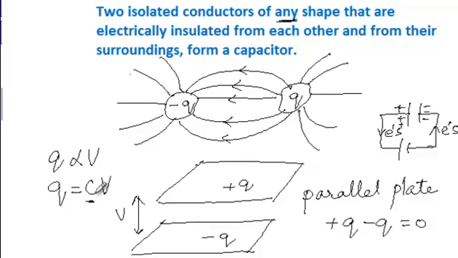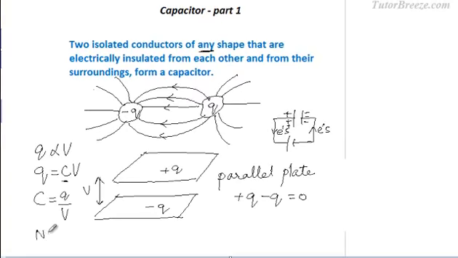But a very important point is that C, which is equal to Q by V, does not depend on Q and V. C depends on the geometry of the plates, the area of the plates, the distance between the plates, and the medium between the plates, whether it is air, plastic, or mica. So C depends on the geometry.